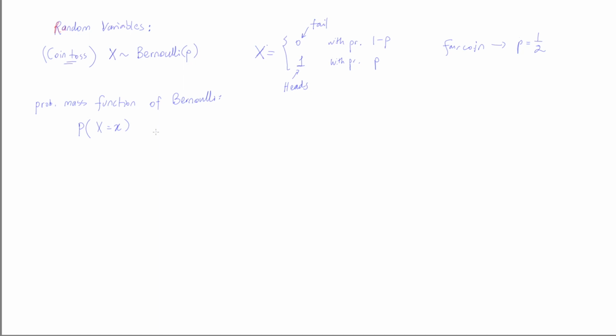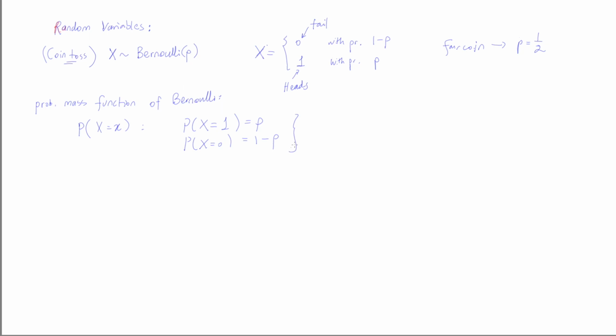This is the probability mass function of the Bernoulli, because we either have the probability that X equals 1 equals p, and the probability that X equals 0 equals 1 minus p.